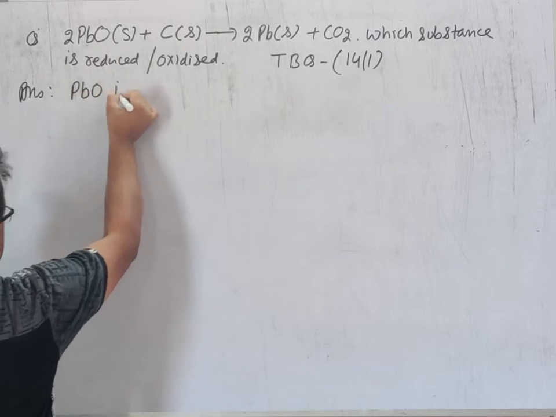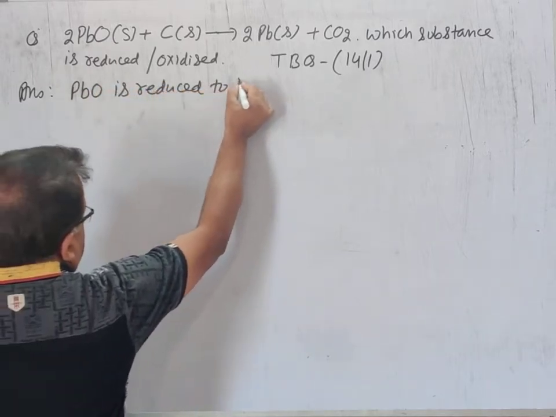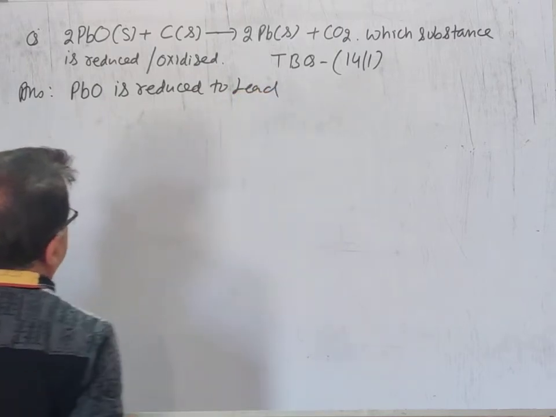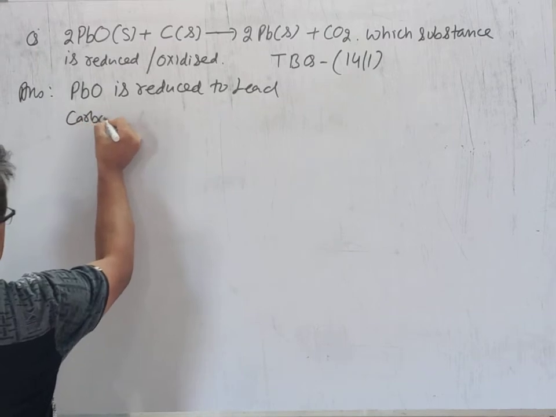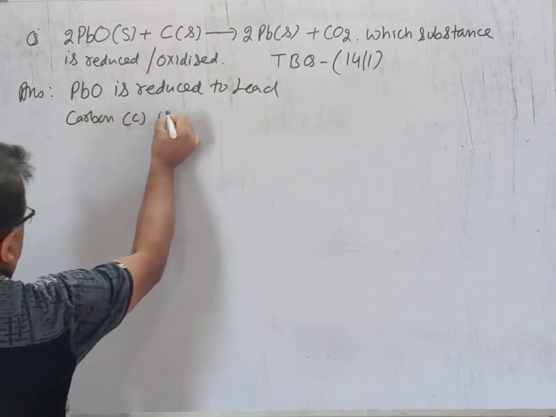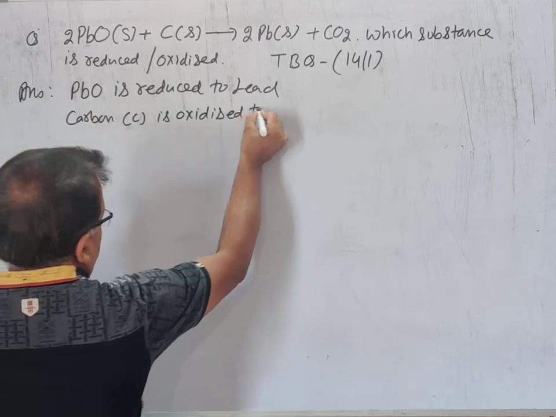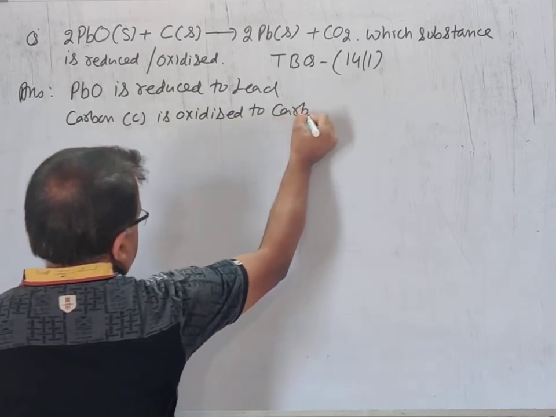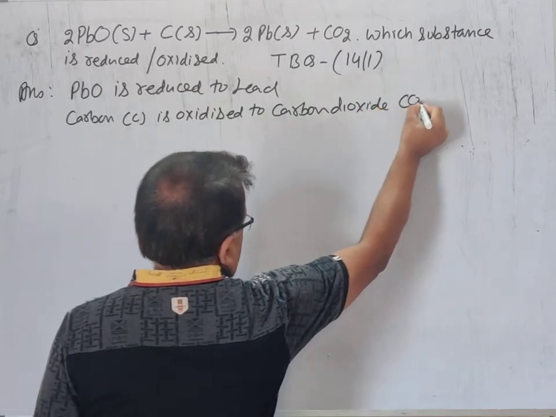PbO is reduced to lead, and carbon, that is C, is oxidized to carbon dioxide, that is CO2.